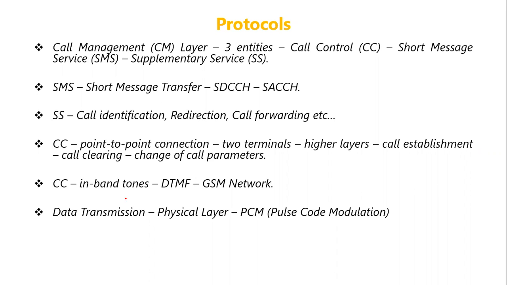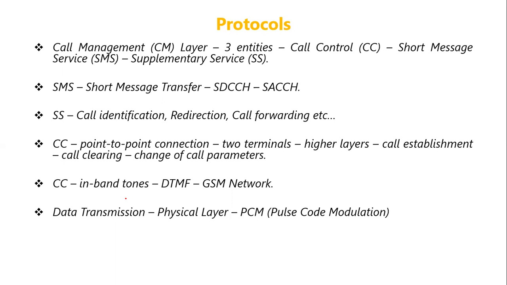GSM allows for sub-multiplexing four 16-kilobit channels into a single 64-kilobit channel. 16 kilobit channels are enough for user data from a mobile station. For user data, 16 kilobits is enough.